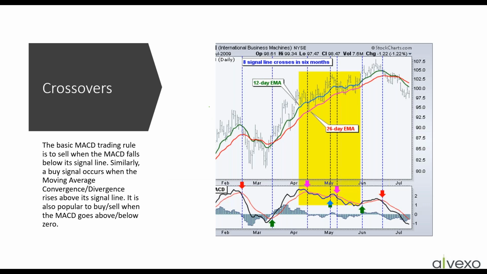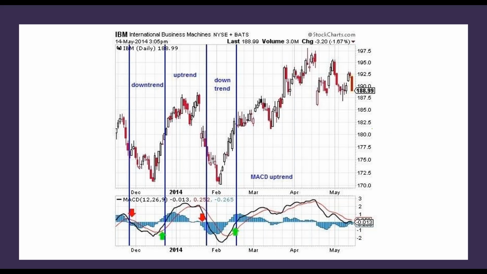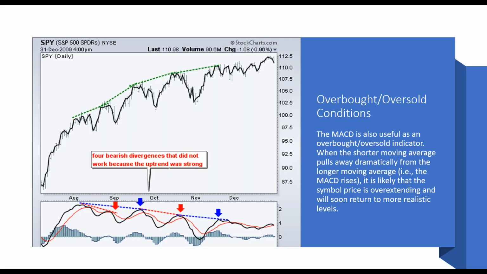So as I mentioned, the crossovers happen when the MACD line and the trigger line cross each other, or when the histogram crosses above or below the zero. And as I said, I use simply the histogram. But you can see each time here that the MACD crossed over itself or the histogram crossed above or below zero, we generated buy or sell alerts, transaction signals.